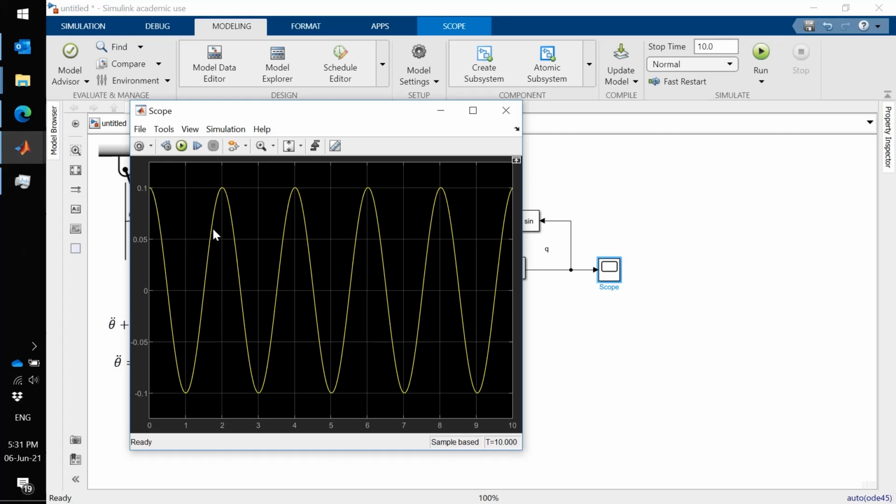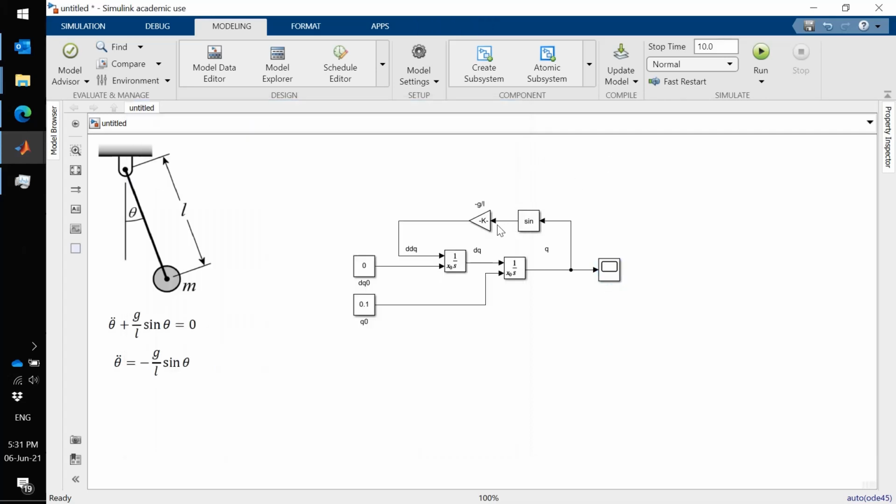initial condition, and you will notice that the period of oscillation is approximately 2 seconds, which is obvious since omega squared is g over L, and the square root of g is approximately pi. So the period will be 2 pi divided by omega.